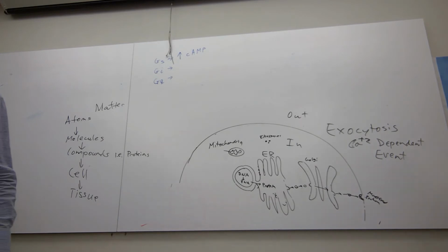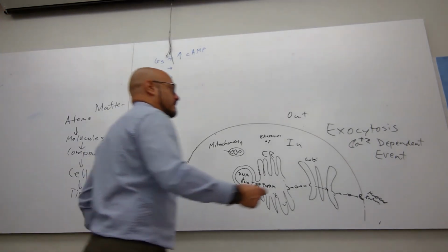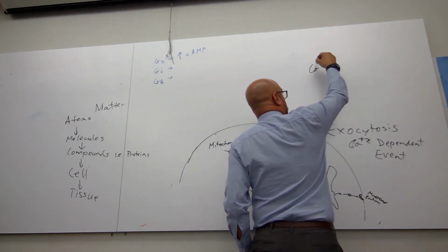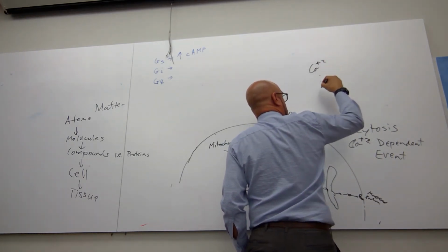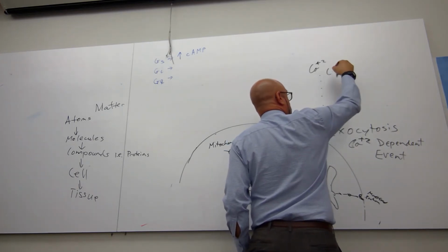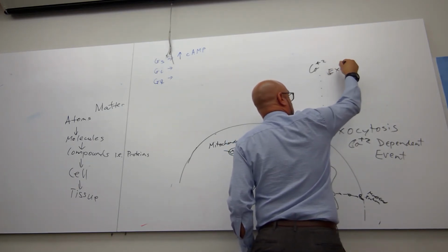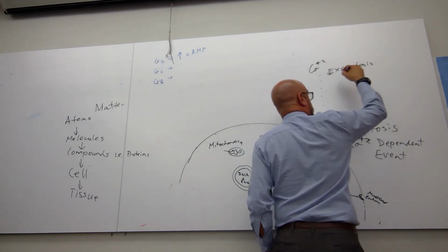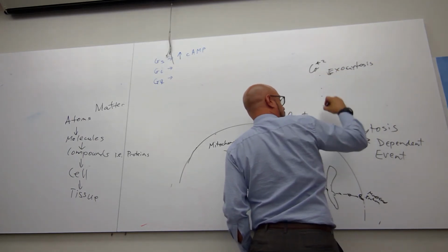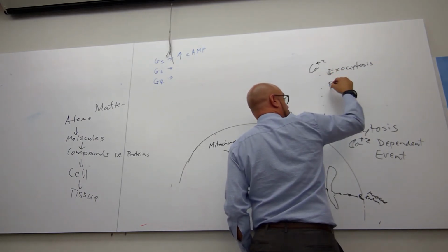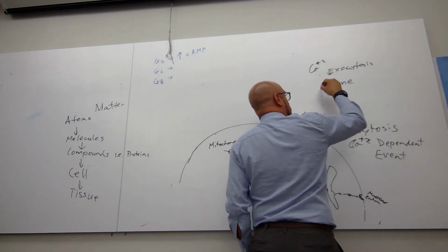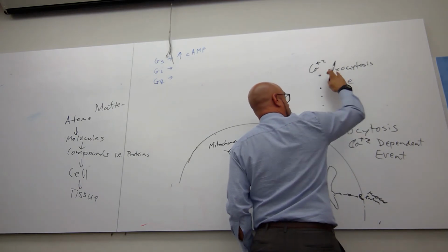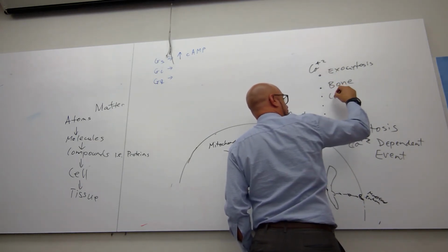Could you repeat those 5? Yeah, I'll write on the board. So exocytosis is a calcium-dependent event. Calcium is an important ion because there are 5 things that are required for you. 1, calcium is required again for exocytosis. It's responsible for bone. It's responsible for coagulation of blood.